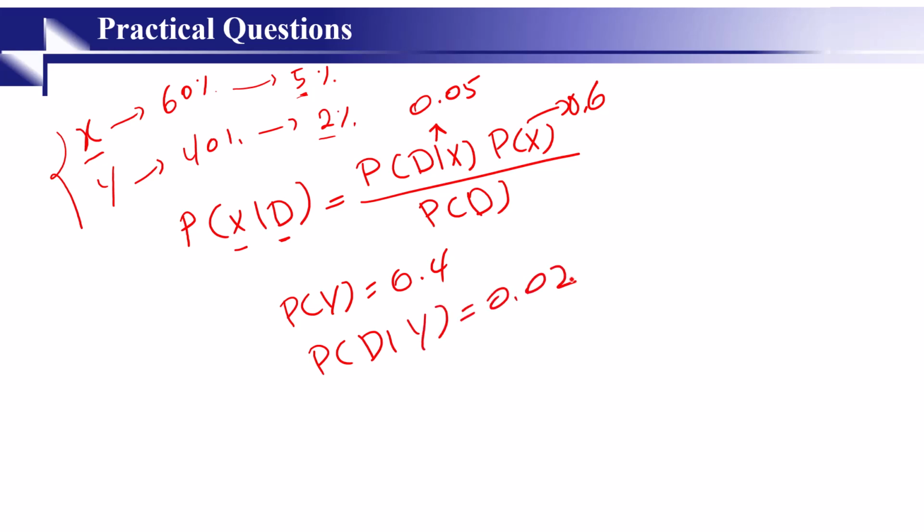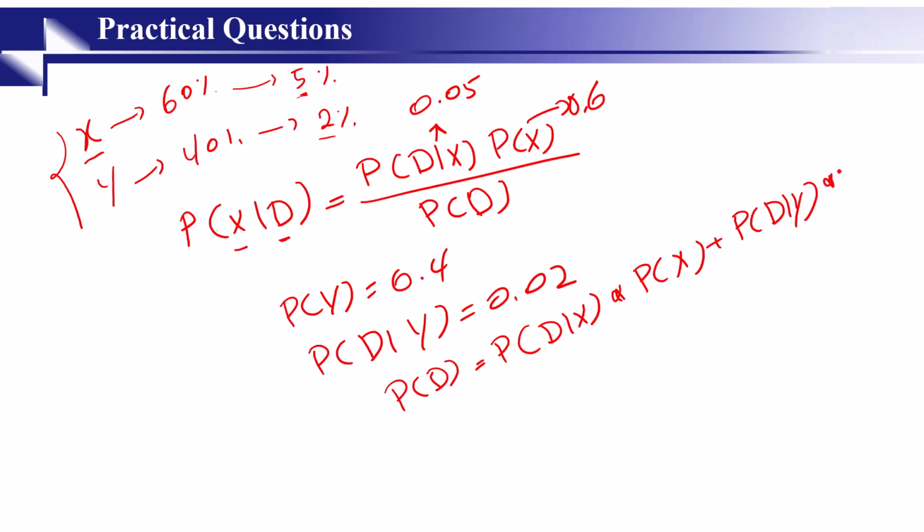So we want to find out the probability of defect. Probability of defect is equal to probability of D given X multiply probability of X plus probability of D given Y multiply probability of Y, right?